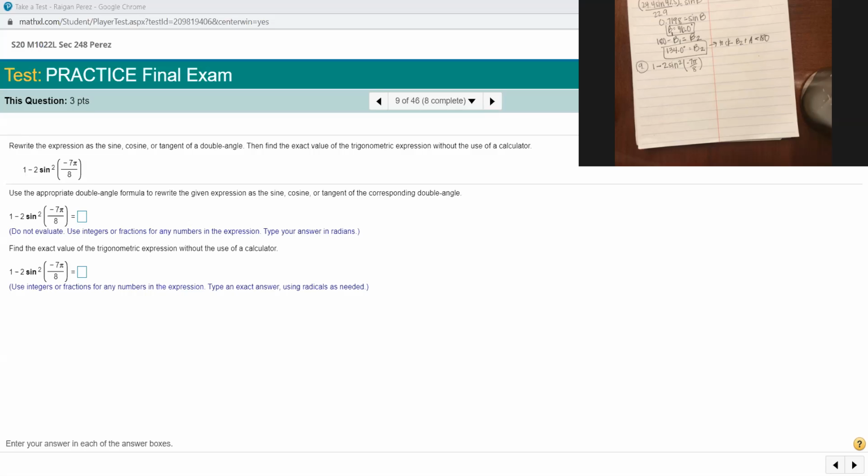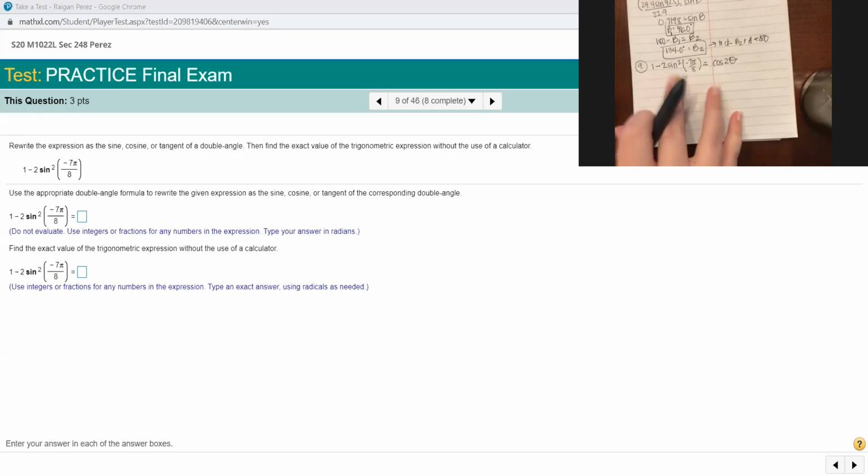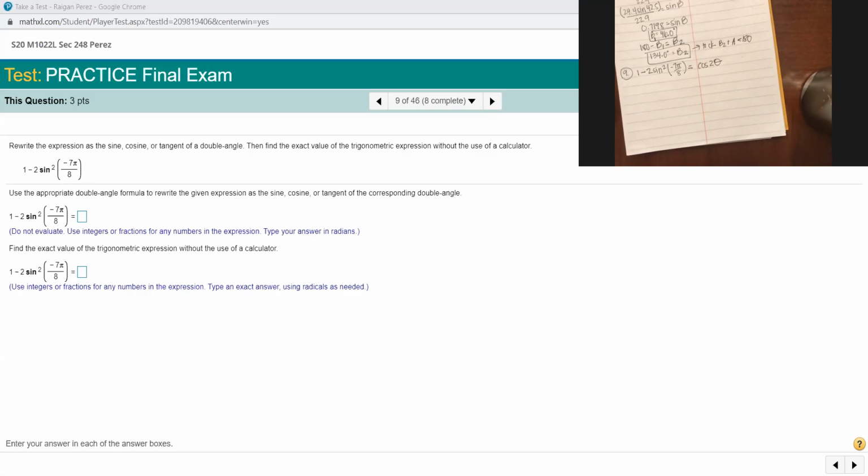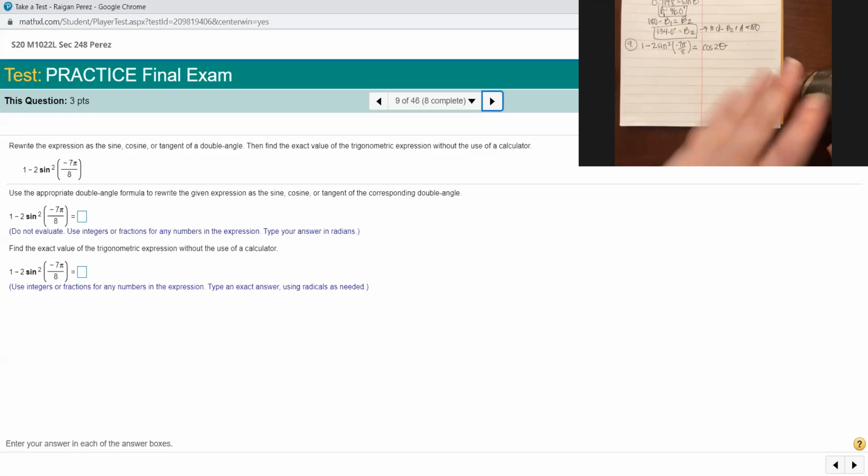Let's just bring that. One minus 2. So this is cosine double angle. Share back here. Sorry, it was being crazy. I had it saved and then it didn't save. I'm just trying to fix this.